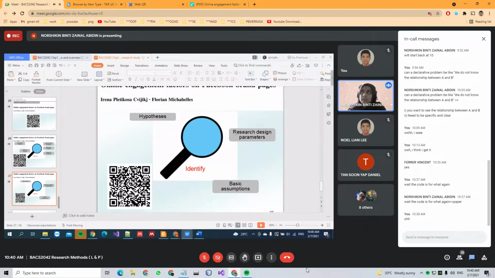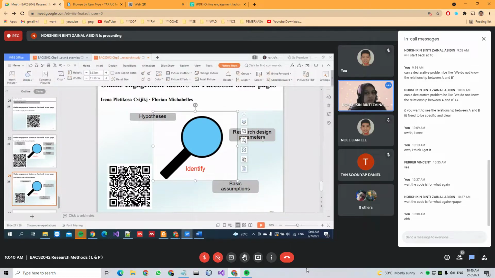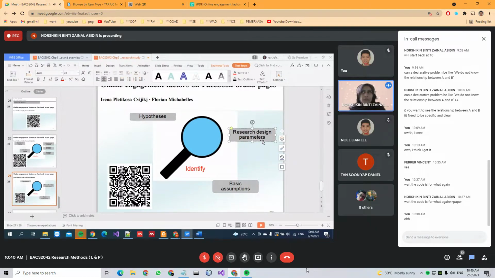Research design parameter, for my thesis, I include this one to make it easier for the reader, but usually people don't include this. I won't say people don't include. Usually only students write this part in their research.